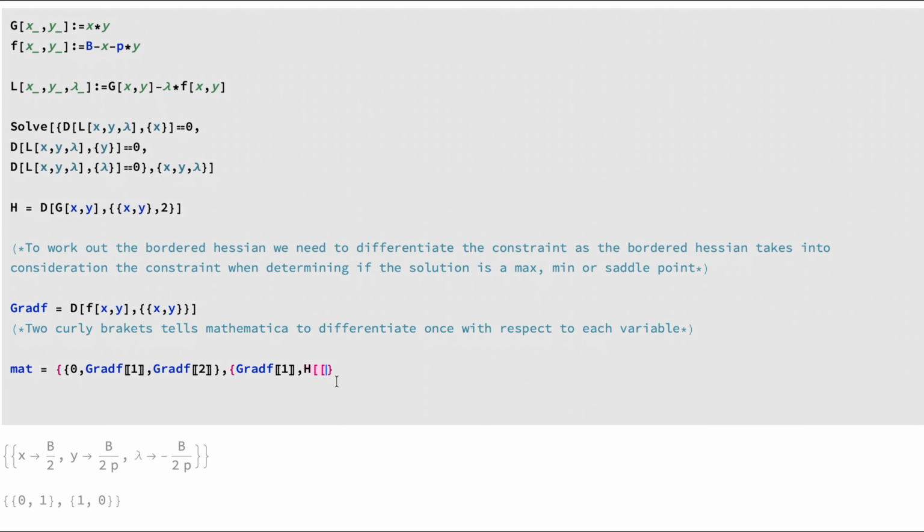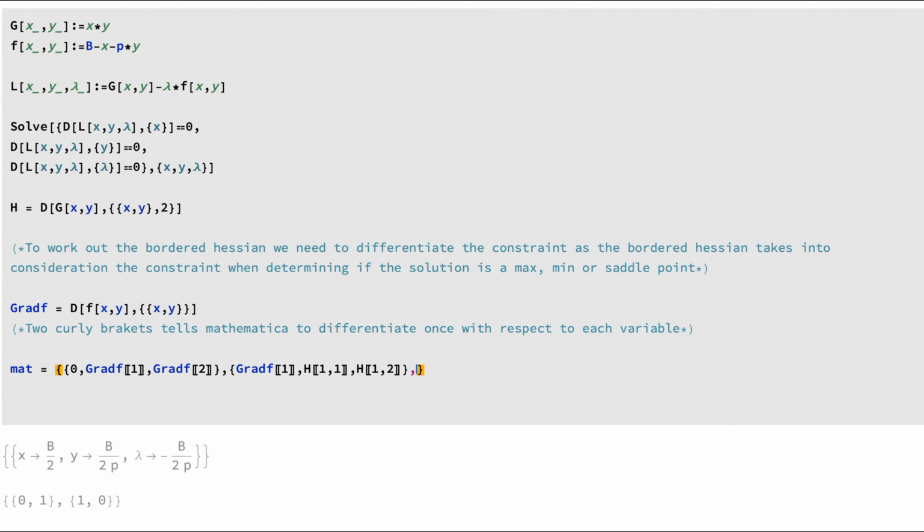So it'd be 1, 1, to call the first list and the first thing in that first list. Then we need to again look at the first list, but now call the second thing. So it'd be 1 and then 2, and that would give us the 1. And all of this is going to be the second row of the bordered Hessian.